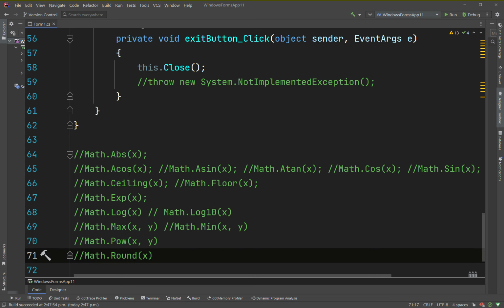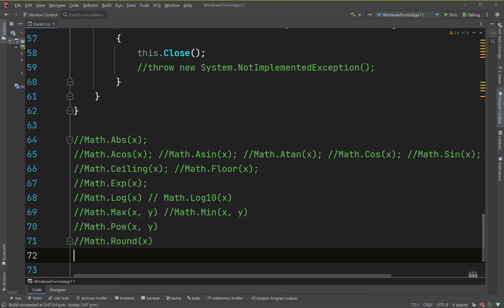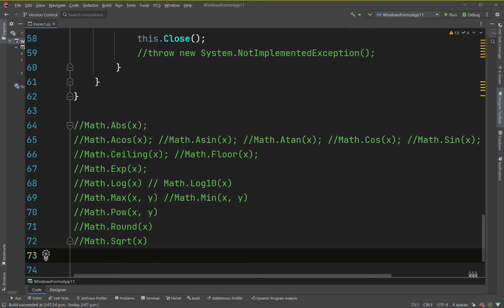Then you have Math.Round, Math.Sqrt, you'll probably get tested on that one. It depends on your professor or your teacher what they really focus on in class, in the notes. So then we'll have Math.Truncate.